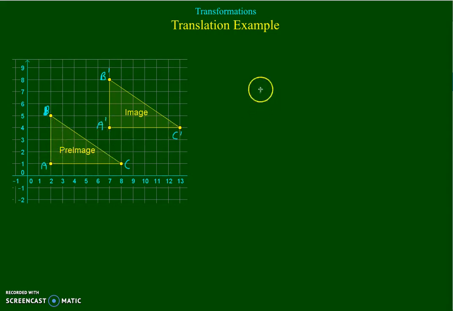Now our transformation notation for this transformation would be x, y goes to x plus 5, y plus 3. Now that transformation notation would be applied to every point in the preimage to get the image points.